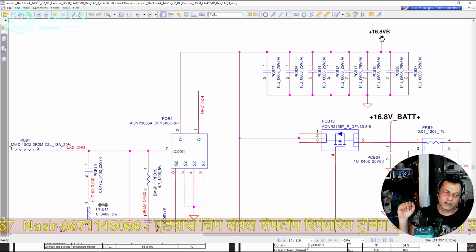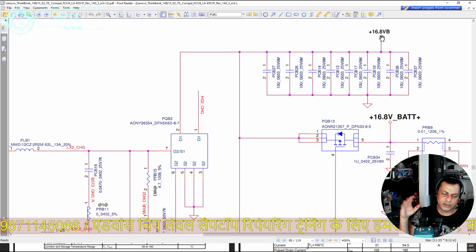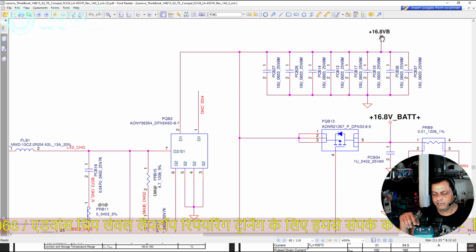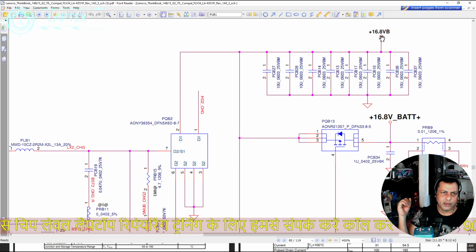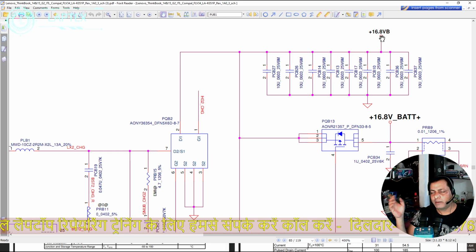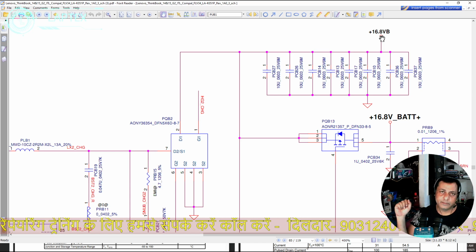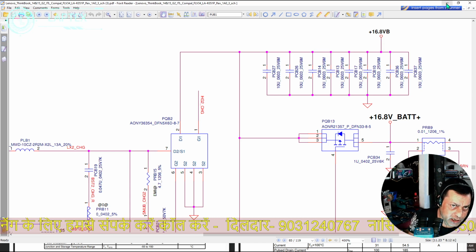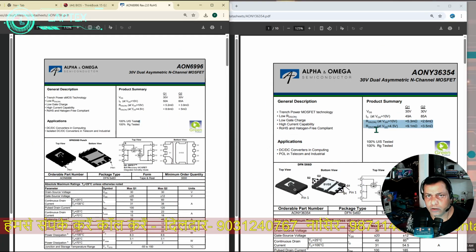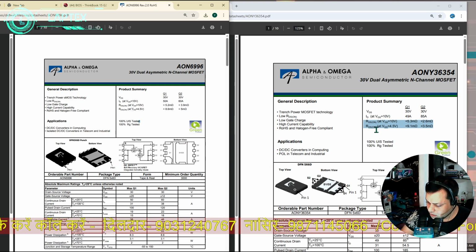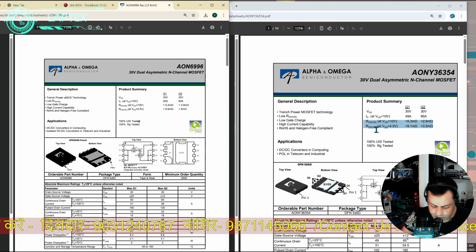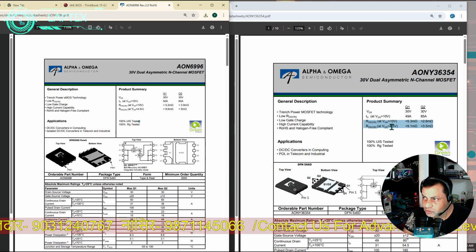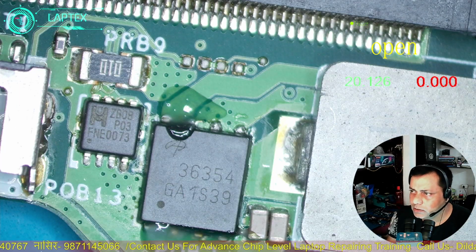So you can get this type of issue, that after replacing the MOSFET your motherboard got okay, but your laptop is not charging your battery. All due to this RDS on. So now I am using it because I don't have any option. So let me change it.